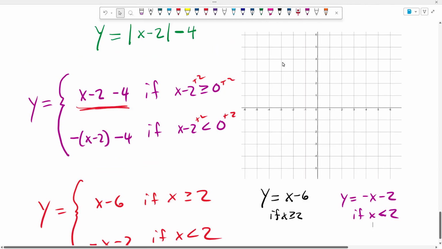Again, each piece here is a linear equation with the slope of 1 and a y-intercept of -6. Uh-oh, it's way down here.